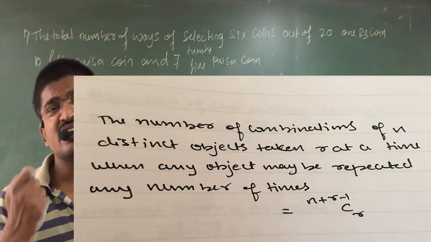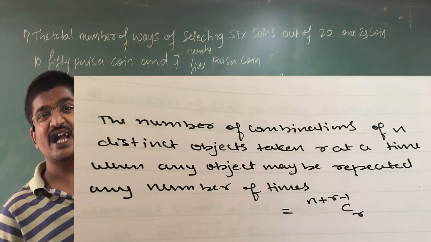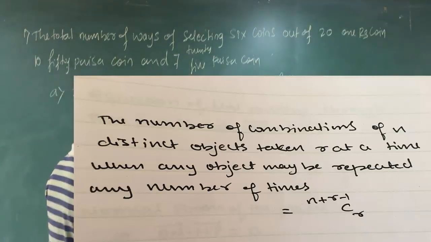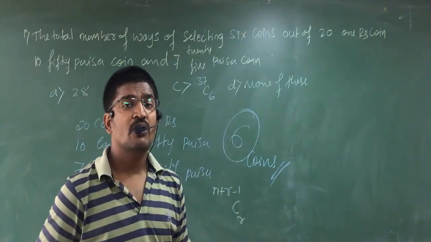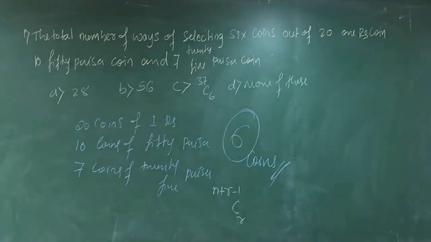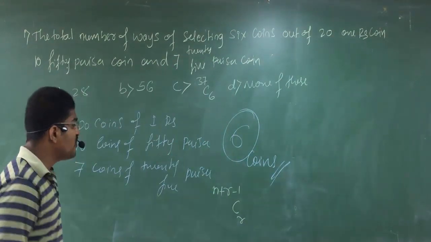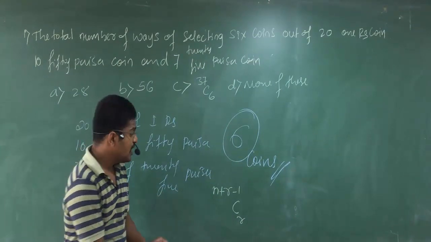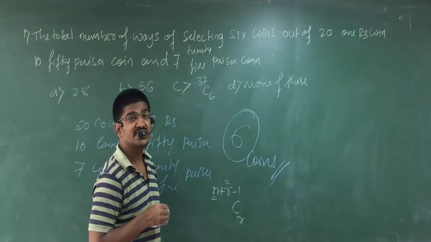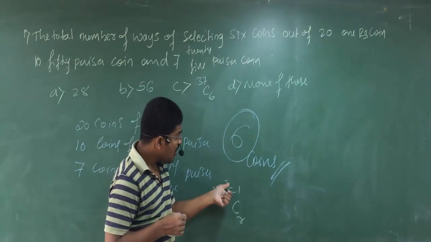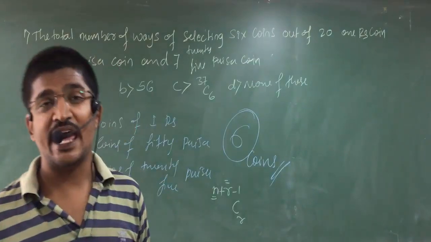So it is a very clear statement that if that kind of thing is done, then our formula was (n plus r minus 1)Cr. Clear? That was our formula, where n number were distinct objects, r number were taken from this n, and then this r can be repeated for any number of times.